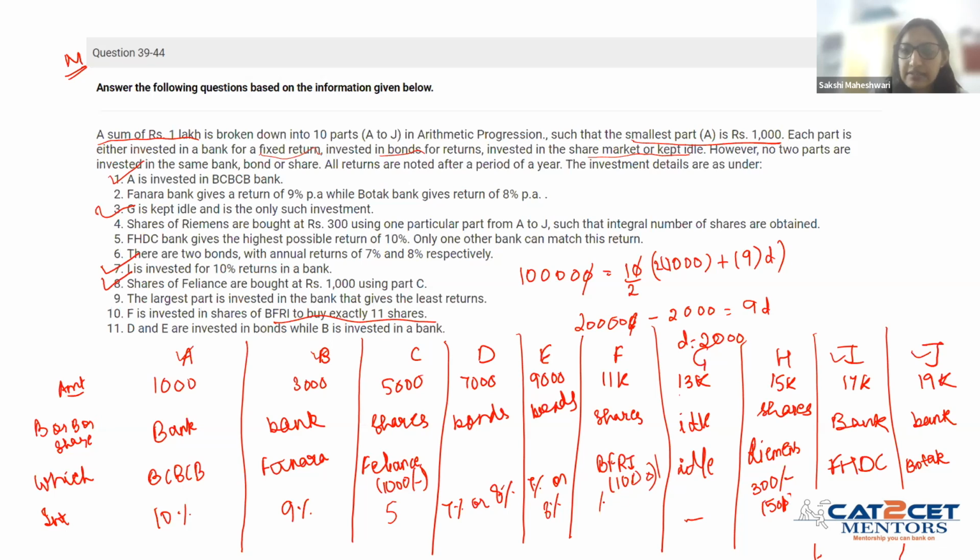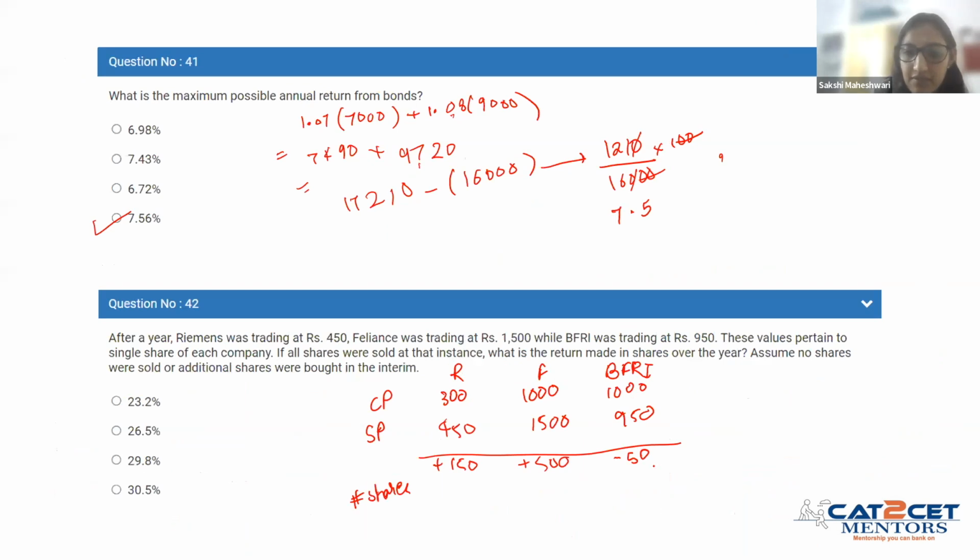And this BFRI is 10 and this is 50. So this is 10, this is 50, this is 5. So just multiply so that you get the amount. This is the profit you'll be getting. This is 7,500. This is 2,500 and this is 500 minus.